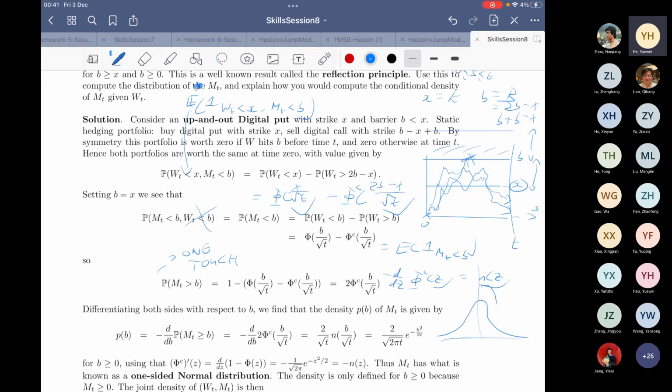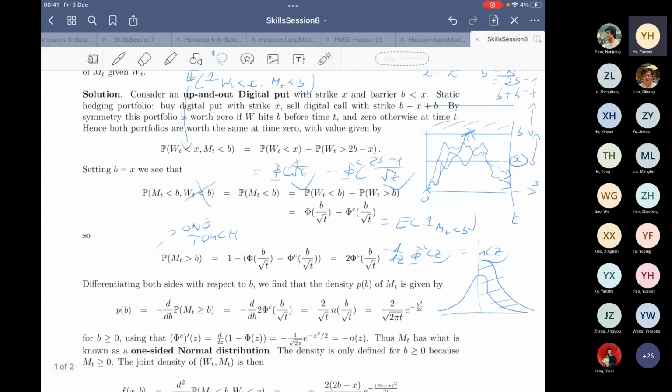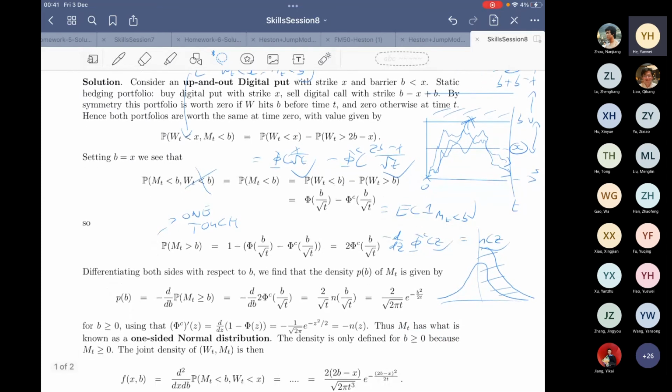This density is twice as high as that, but only on the right-hand side. You can call it a one-sided normal distribution, twice as high as the normal density of Brownian motion, which has variance t, not necessarily 1. It's only defined for b greater than 0, of course, because mt is greater than or equal to 0.